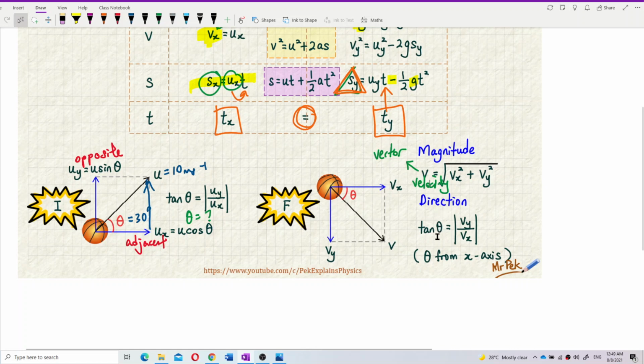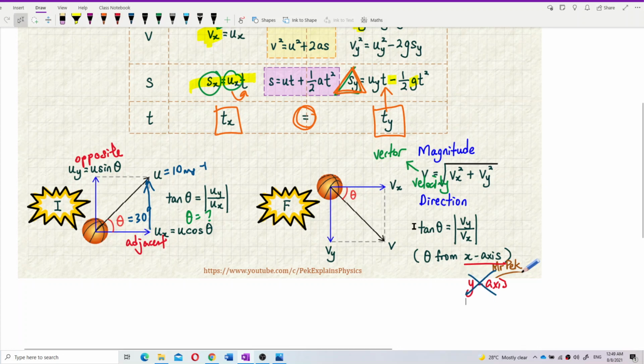To find the direction, very easy. Just like your chapter 1, how to find the resultant vector. You find the magnitude of the resultant vector using Pythagoras theorem. To find the direction of the resultant vector, you use tangent theta, meaning opposite over adjacent. Opposite is vy over adjacent vx. Take the modulus, make it a positive value. Then you get the theta angle from the x-axis.